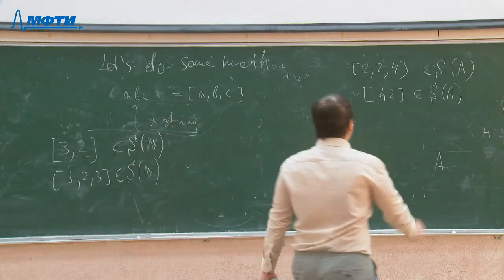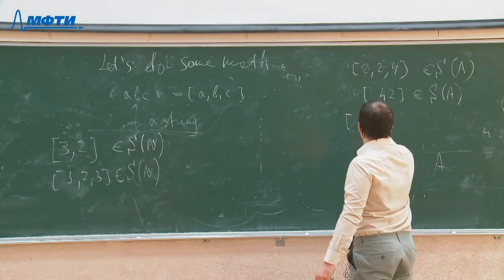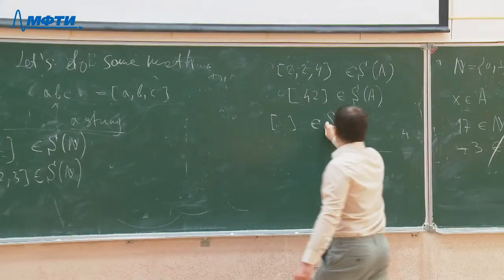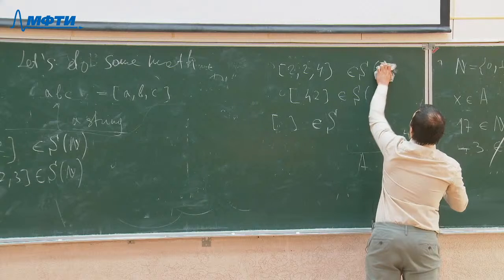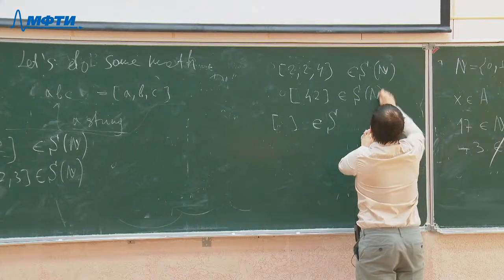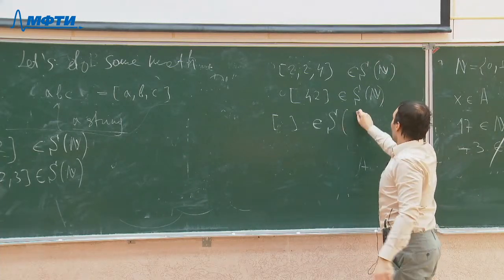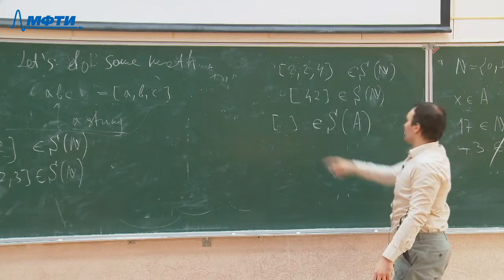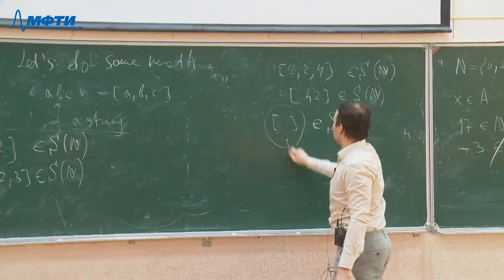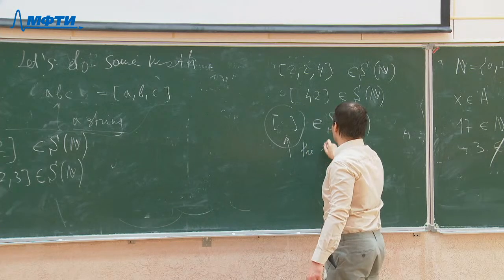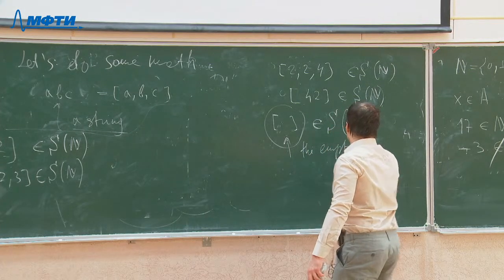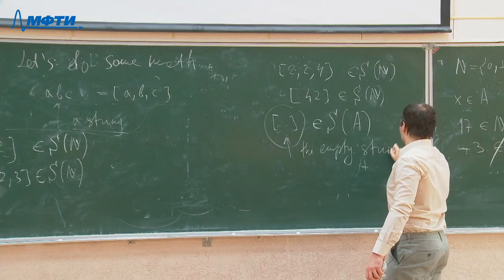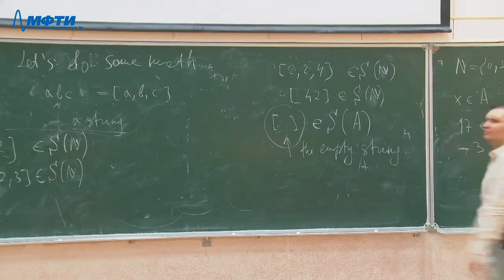So we may consider an empty string. Now, by the way, the alphabet here is natural. And over any alphabet, we have such an empty string. So the empty string.